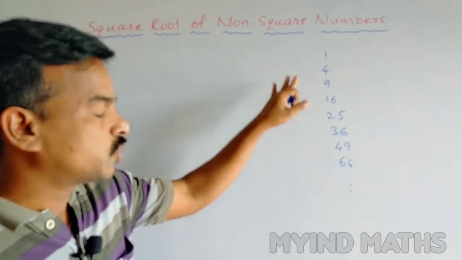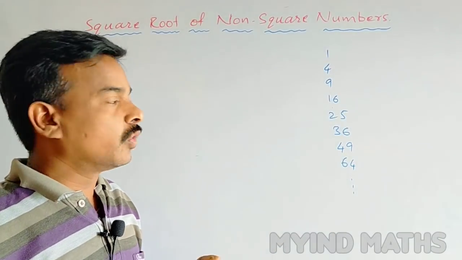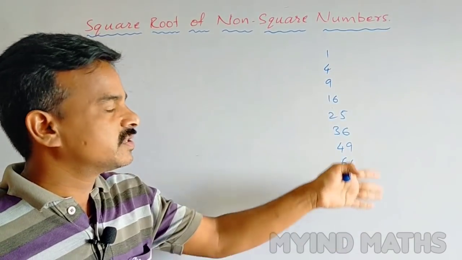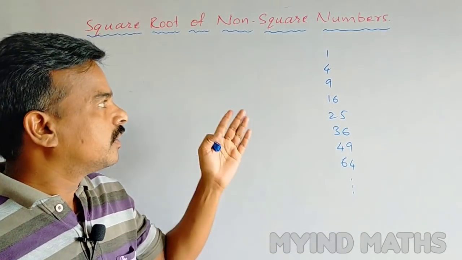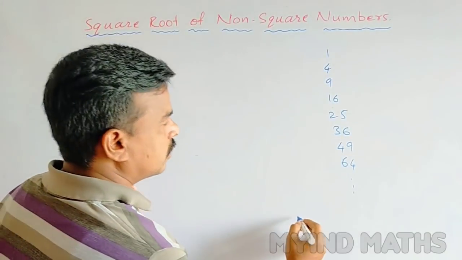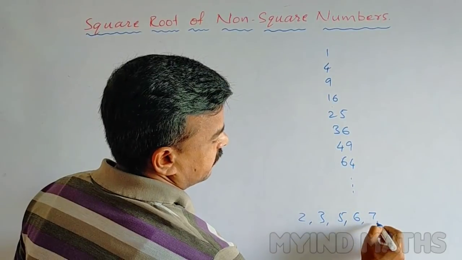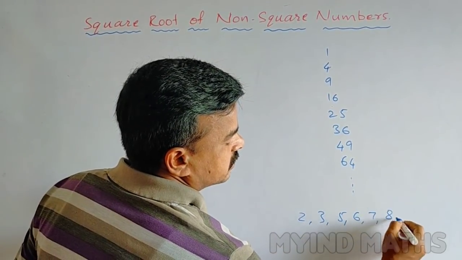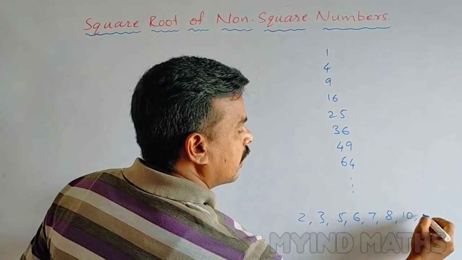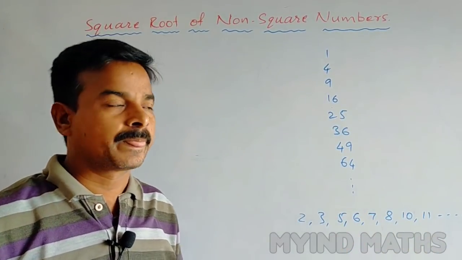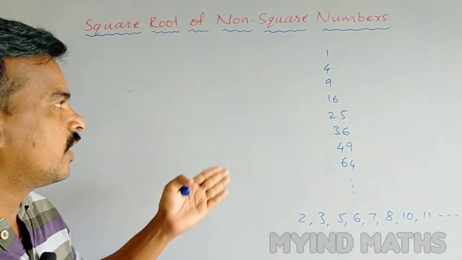These are square numbers. Except these numbers, all others are non-square numbers. For example, 2, 3, 5, 6, 7, 8, 10, 11, and so on. So how can we find the square root of these numbers?